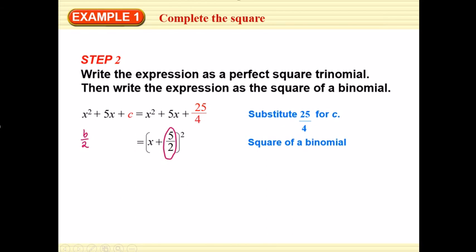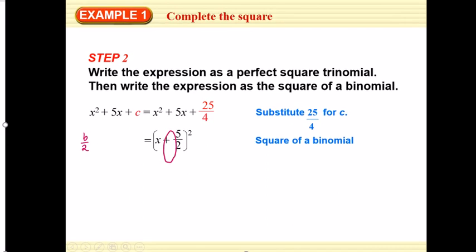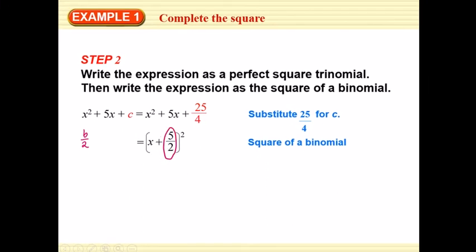So b over 2 could end up positive or negative, and that b over 2 squared is always going to end up positive. Whatever b over 2 is needs to be right there in that position.